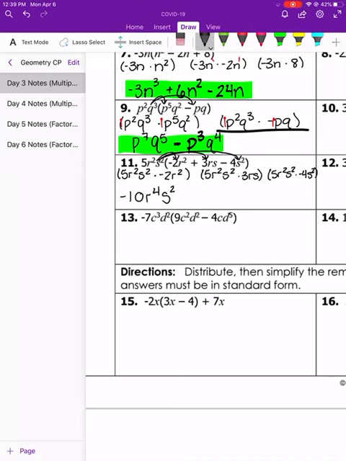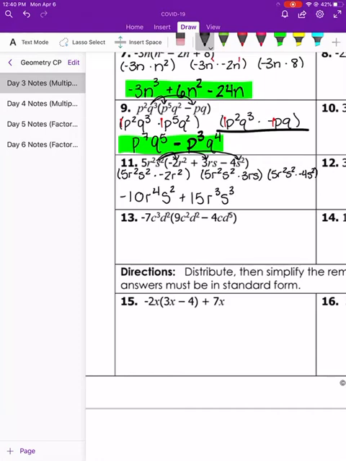So 5 times 3 for my second one is going to be a positive 15, so plus 15. R squared times 1r, so 2 plus 1 is 3, so r cubed. S squared times 1s, again 2 plus 1 is 3, so you'll get s cubed.